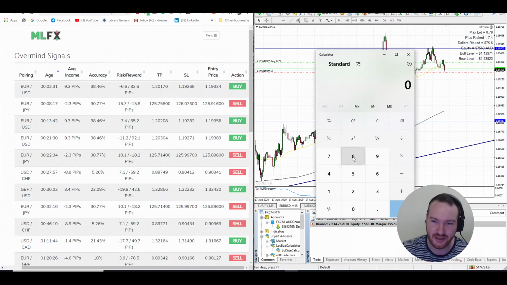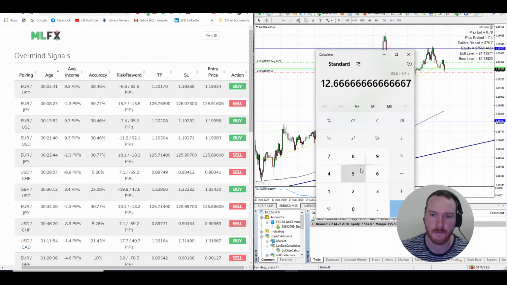So we got 83.6 pips divided by 6.6 gives us a 12.66 continuing number as a return. So in this instance, if you were to look at this at the pure risk reward, you would be using the stop loss as a base of 1.